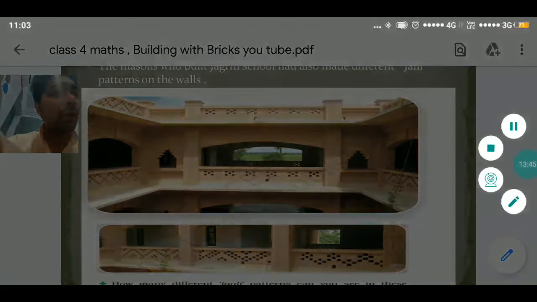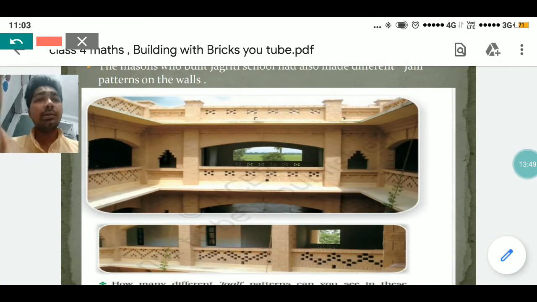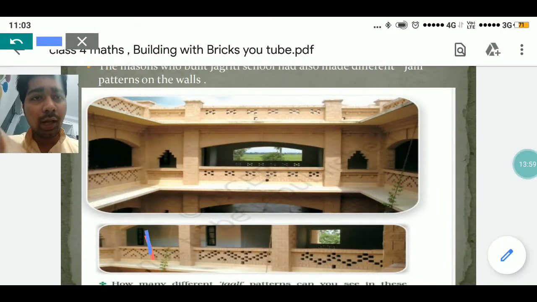Students, how will you count? Look. This is jali pattern 1. Okay, I will give color. 1, next 2, next 3, next 4, next 5.